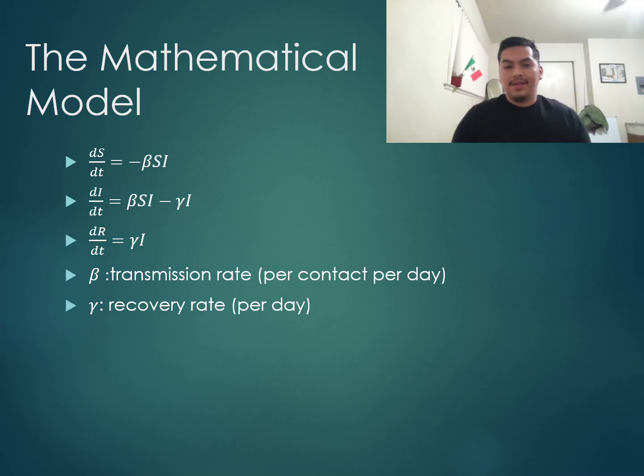And to the right of that, we see a subtraction sign with a new term or new variable, the fancy little y. It stands for gamma, and gamma is actually our recovery rate, so how fast one is able to recover from the disease.